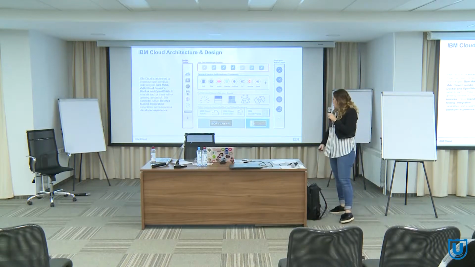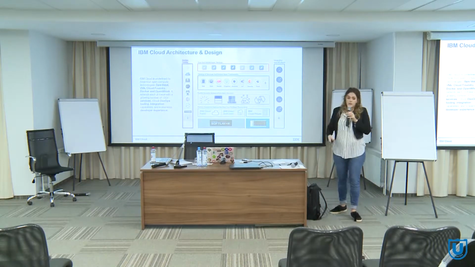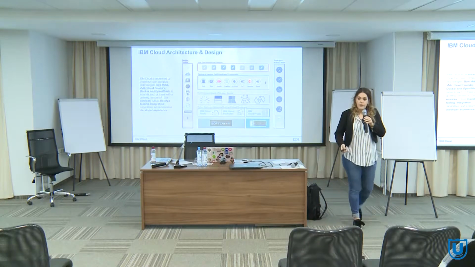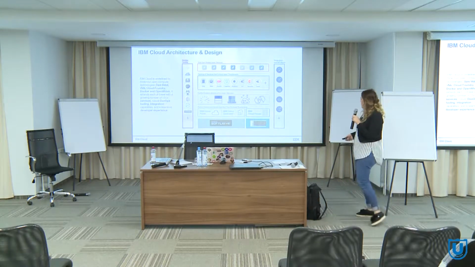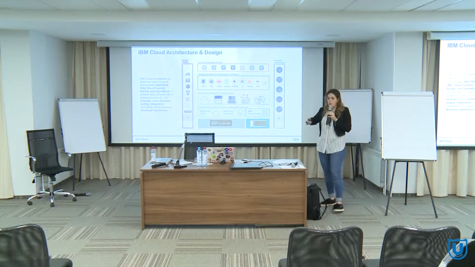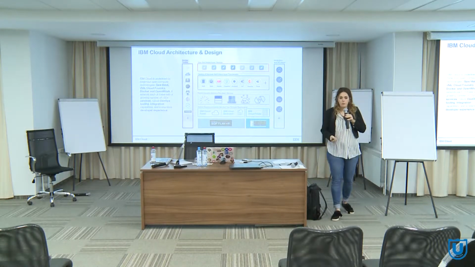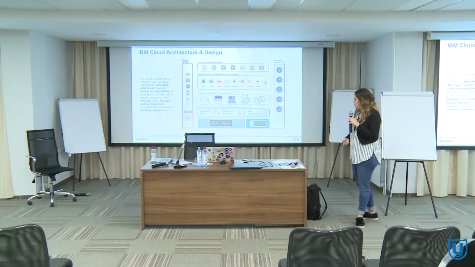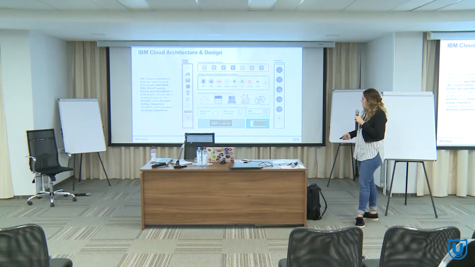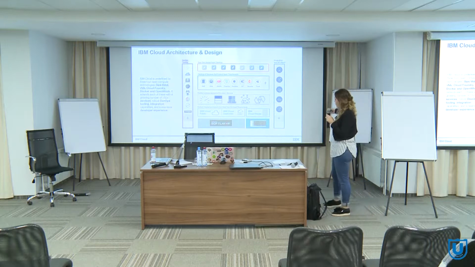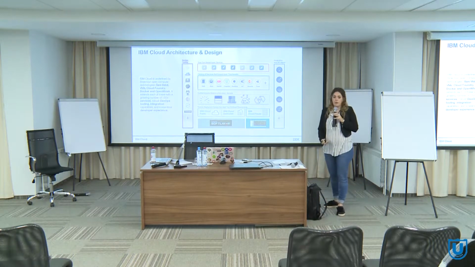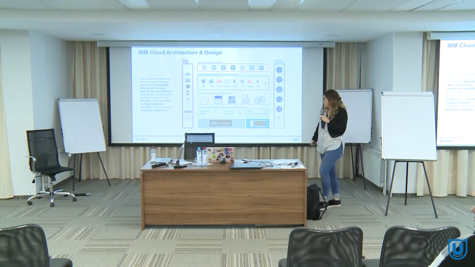Analytics, IoT, security. We also have blockchain. And if you want to bring your own service or your own API to the platform, it's also possible. And then you just bring the code of your application, integrate the services with that, and that's it.